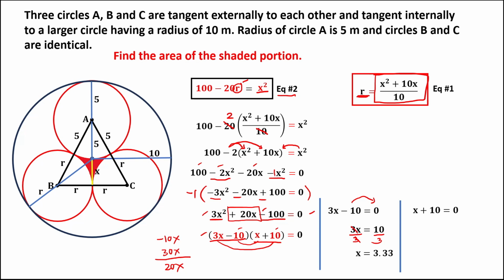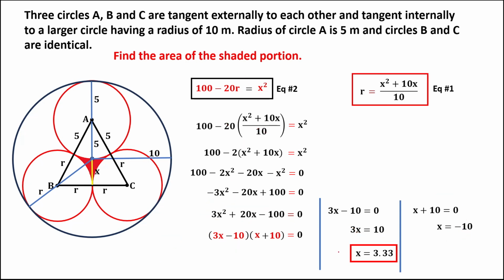So x equals 3.33. And for the other factor, transpose this positive 10. So we have x equals negative 10. Since x is negative, just ignore this value. So therefore, x is equal to 3.33.